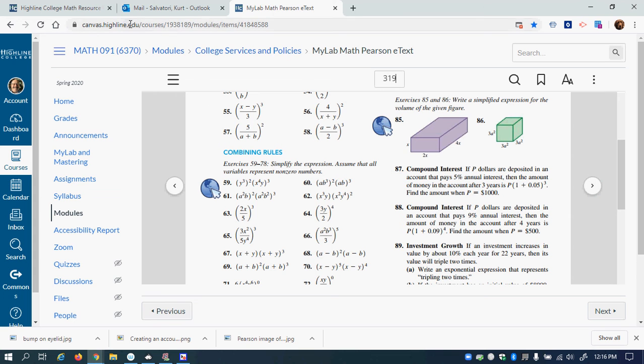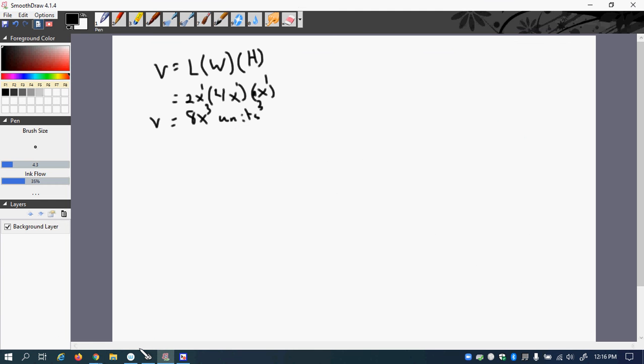Alright, so let's write down all the important information. We know the equation is P times 1 plus 0.09, and that's to the fourth power.